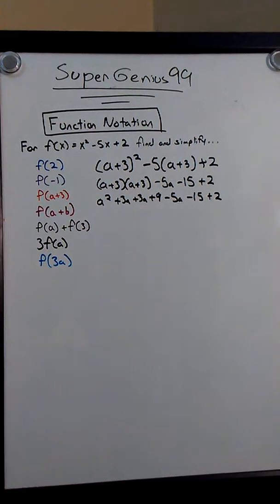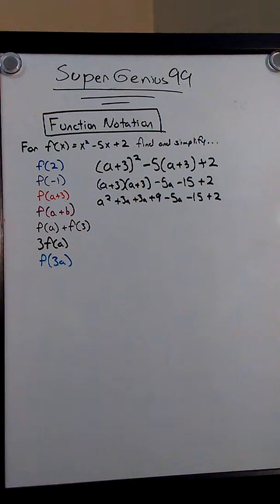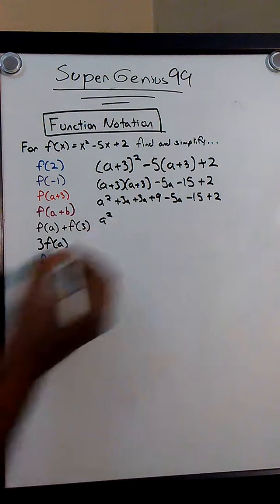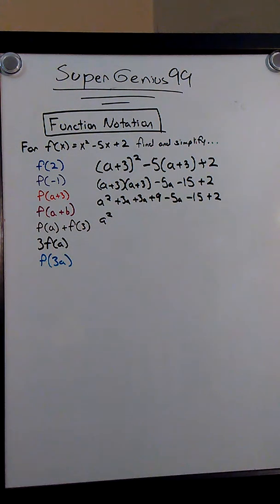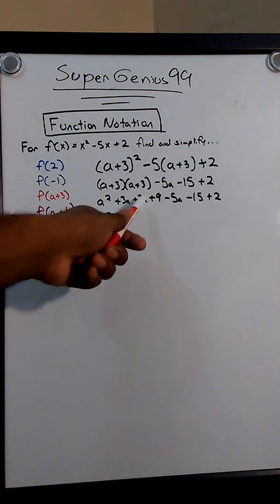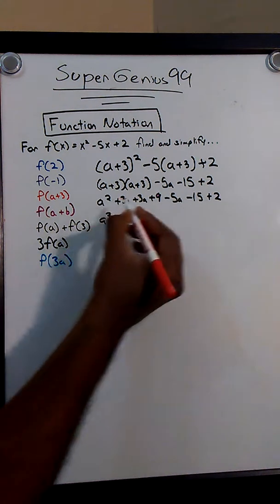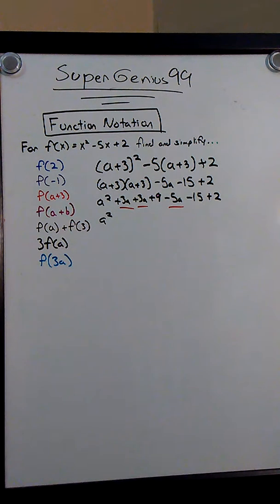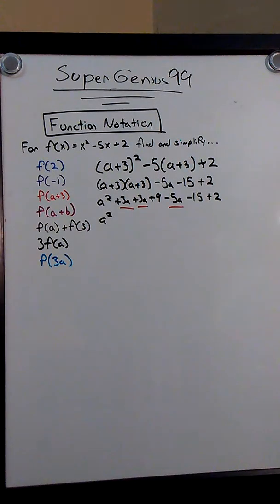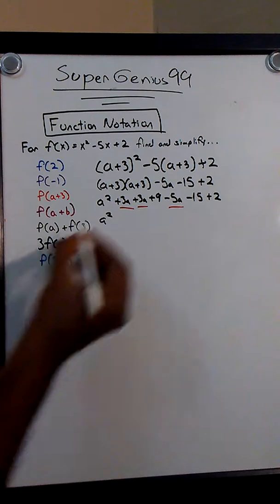Okay, combine some like terms. So there's some like terms up here. A squared is by itself. Don't see any other a squares. We have a 3a, 3a, and then a minus 5a, so it's 3a plus 3a minus 5a. That should be 1a, or just a.